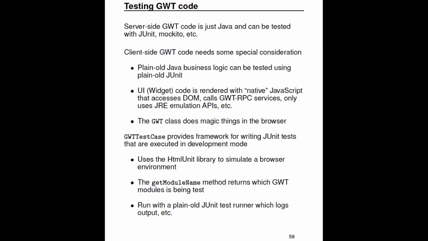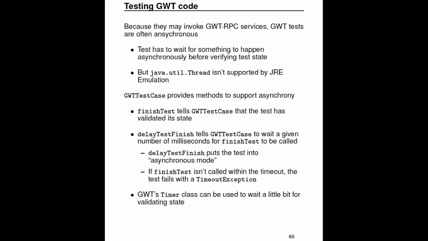So you can get all the same reporting, etc. An interesting detail here is that when you're testing GWT client code, you have these asynchronous method calls off to the GWT RPC services. So usually what your test has to do is wait for something to happen asynchronously before verifying the test state. But you can't really be spawning off threads and things like that because that's not supported in JRE emulation mode.